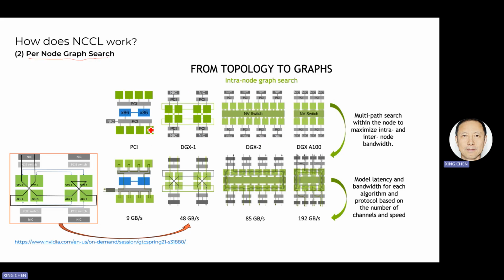Because here you have this kind of per node graph, and the communication is that you have only one NIC. If the GPUs of this node have to communicate with other nodes, connected to other servers, it has to go through this NIC. There's no choice.